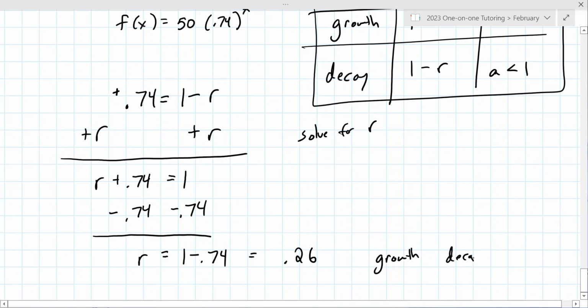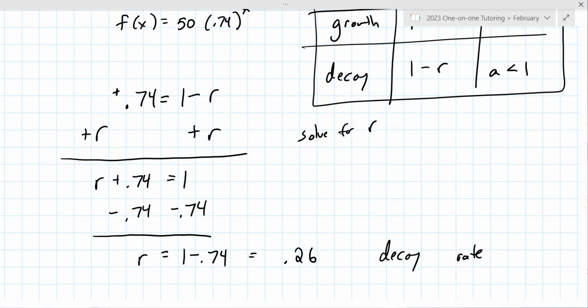I'm sorry, this is not the growth decay. This is the decay rate. Decay rate, like that. So that is the answer they're looking for.